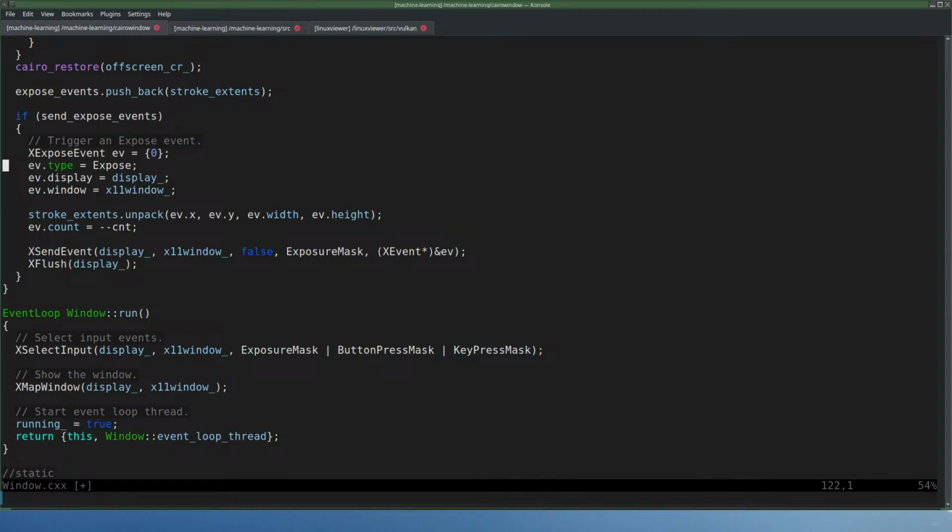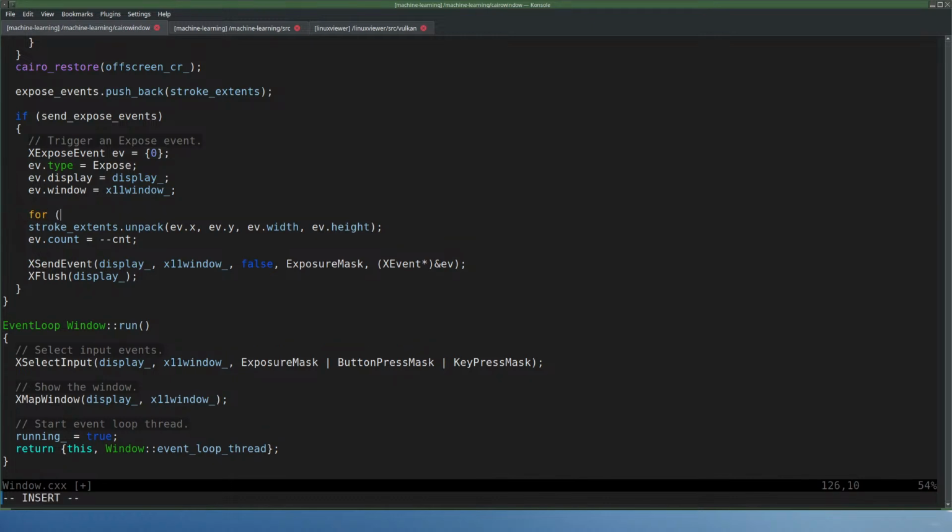Otherwise I have to set it again and again. Instead, we run over all the events. We start at the end. We start with stroke events.size minus 1. Event is larger or equal to 0, minus event.